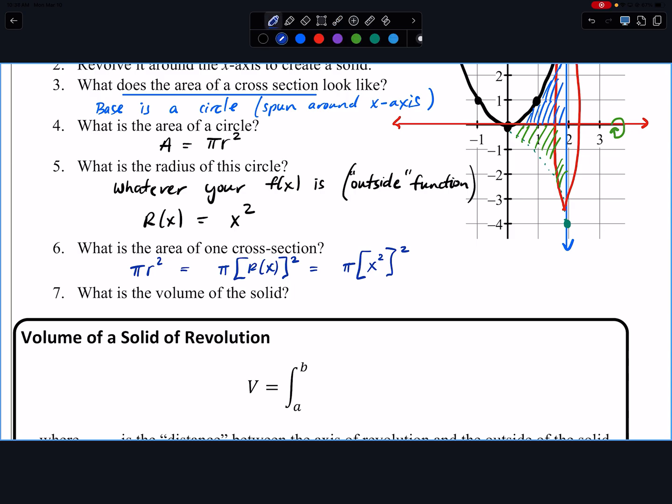So every possible cross section, the formula is going to be v is equal to the integral of 0 to 2, because that's our bounds, of pi times x squared dx.